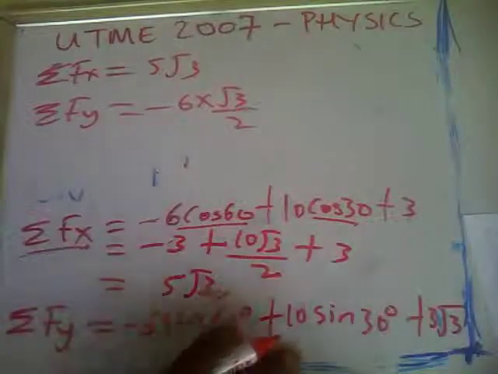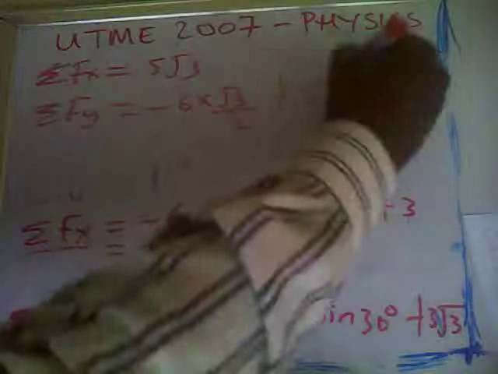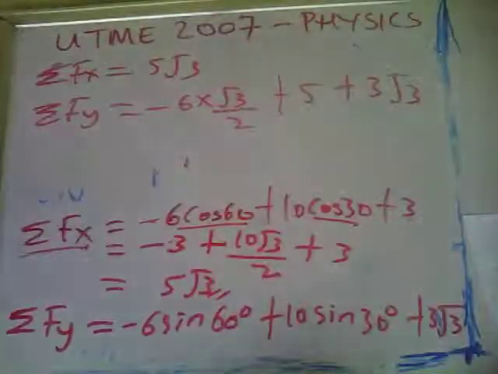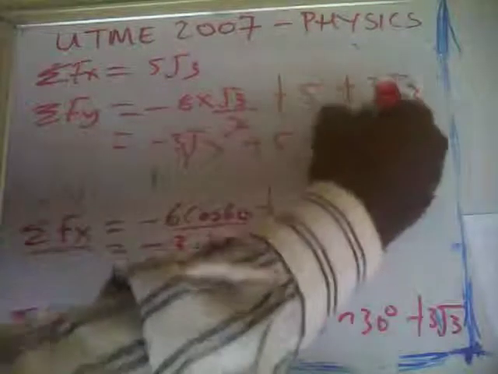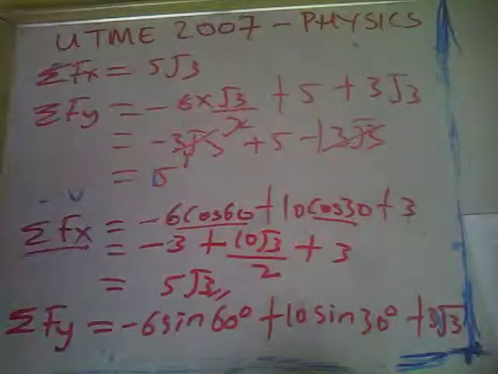Then 10 sine 30, that is 10 times half, that's 5. Then plus 3 root 3. So we have minus 3 root 3 plus 5 plus 3 root 3. The 3 root 3 cancels, so we have 5. The total vertical component is 5.